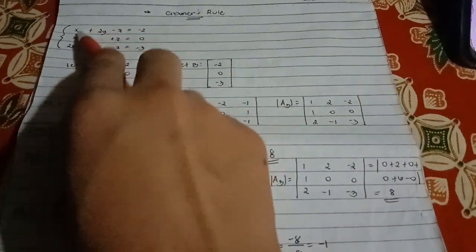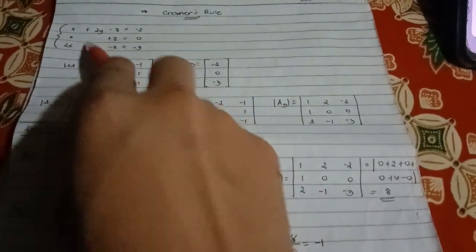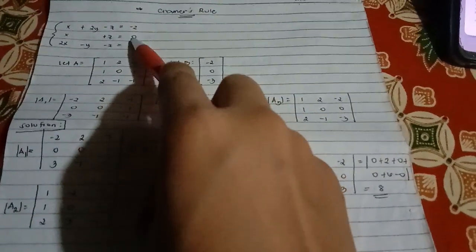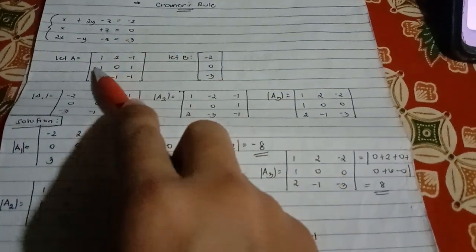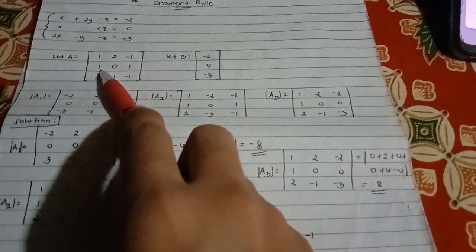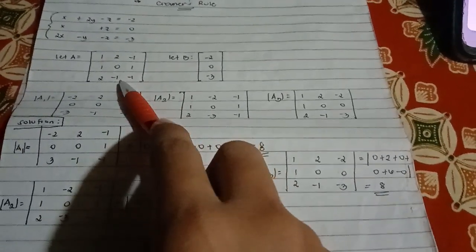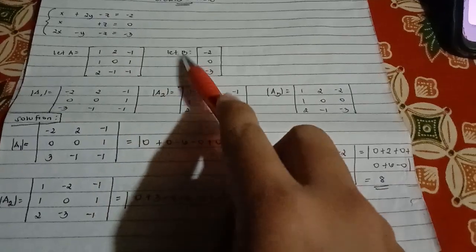So as you can see in this problem, we need to write the coefficients of this problem. So 1, 2, negative 1, 1, 0, 1, 2, negative 1, and then negative 1. And then let be sa kani nga side. So negative 2, 0, and then negative 3.